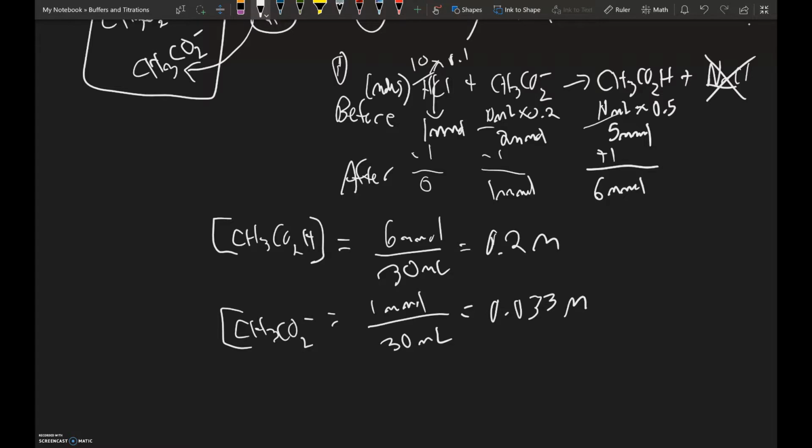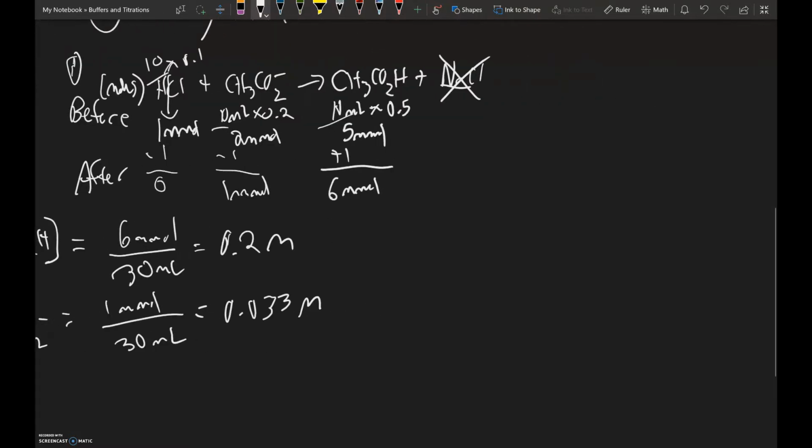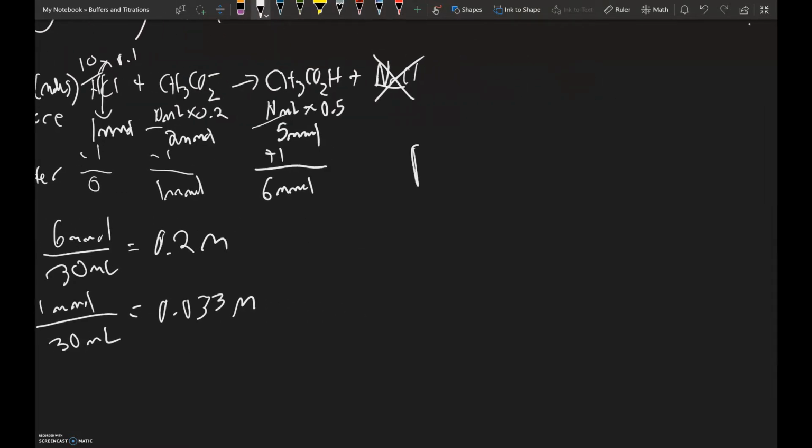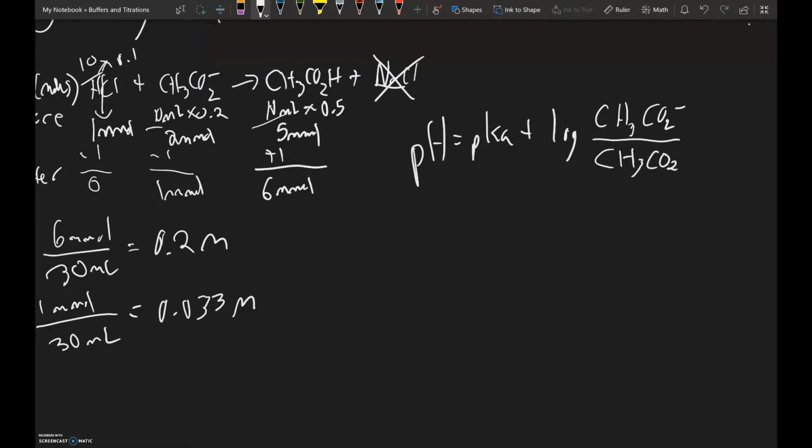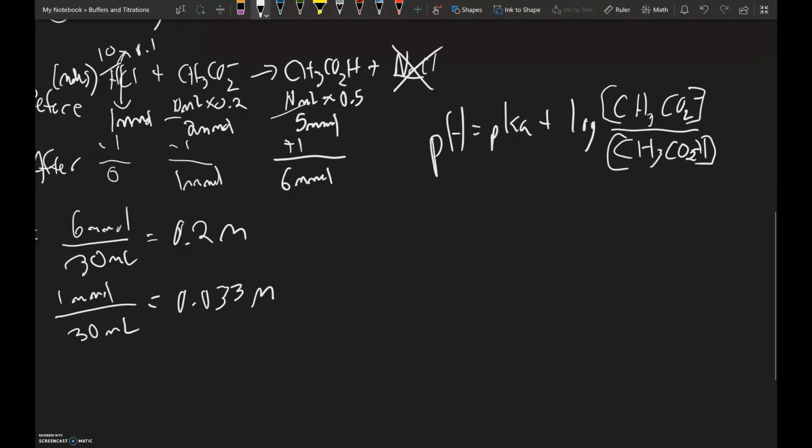So we talked about earlier using the Henderson-Hasselbalch equation. pH is equal to pKa plus the log of the conjugate base over the acid. We know the concentrations of these two. We just determined those.